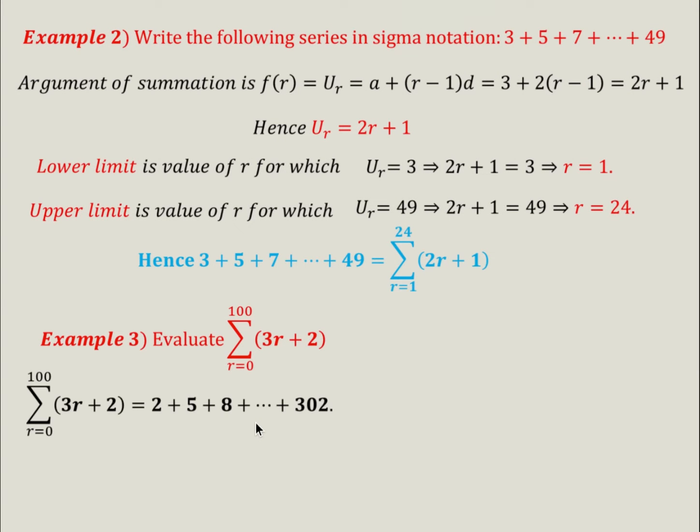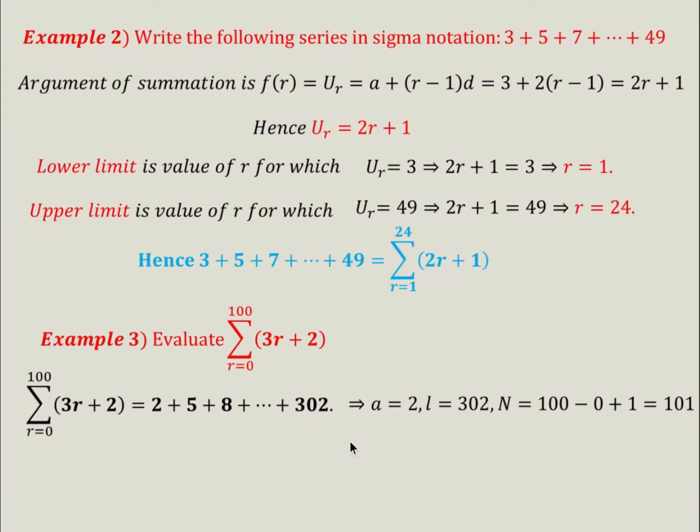Going by the first method, we would start by writing out the series so that we can read the first term and the last term. So summation from r equals 0 to 100 of 3r plus 2 is 2 plus 5 plus 8 up to 302. So our first term would be a equals 2 and the last term is 302.